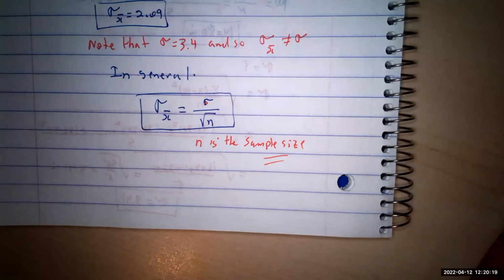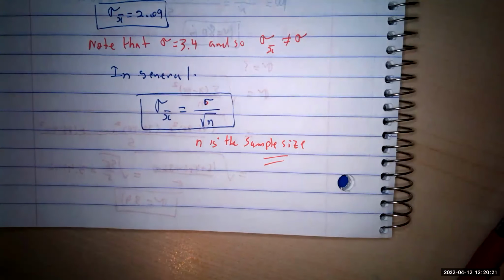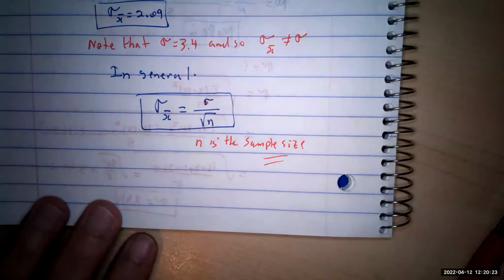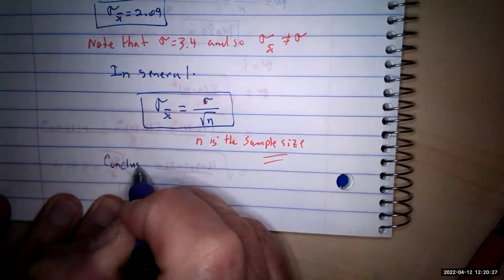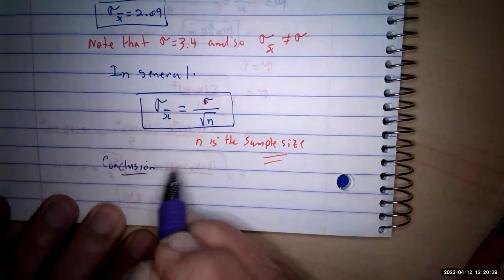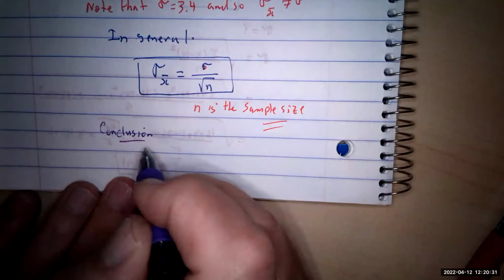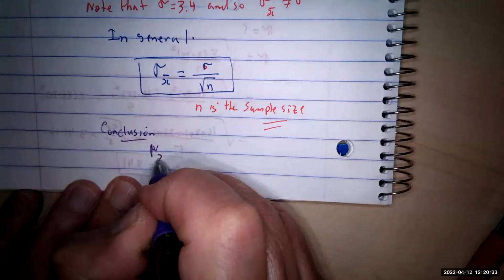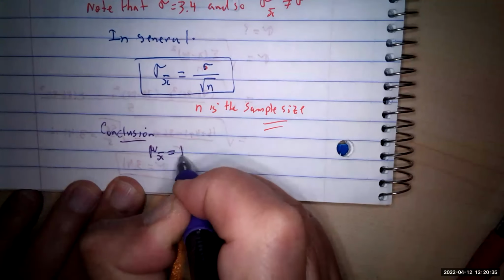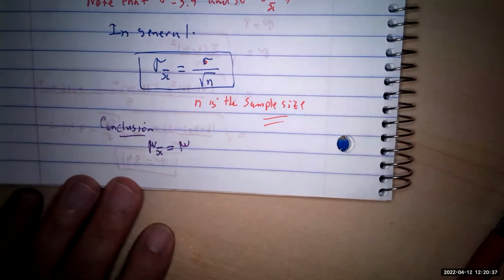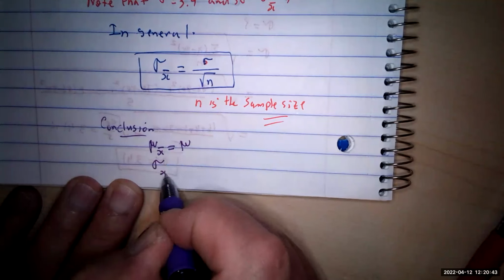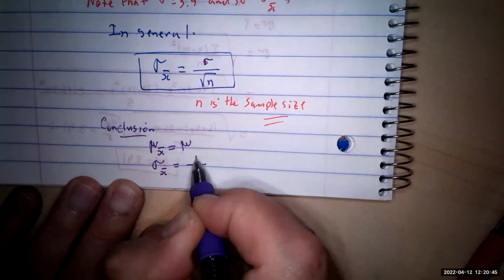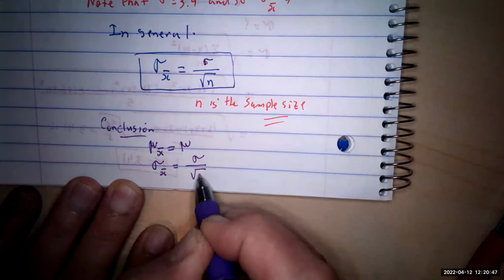So the conclusion of this example, which we use all the time without any proof, is that mu of X bar is the same as mu. So you don't have to worry about it. You can use it anytime you like. But the standard deviation is different. It's sigma over radical n.